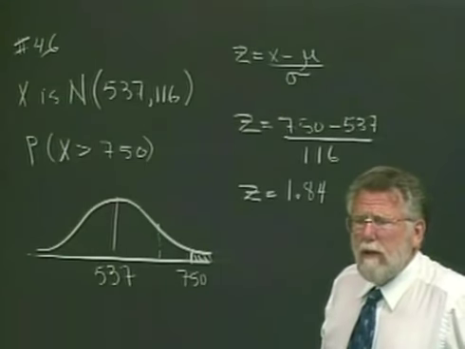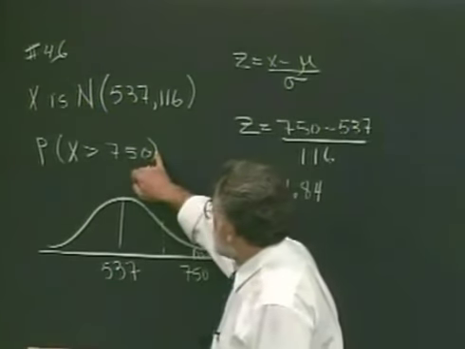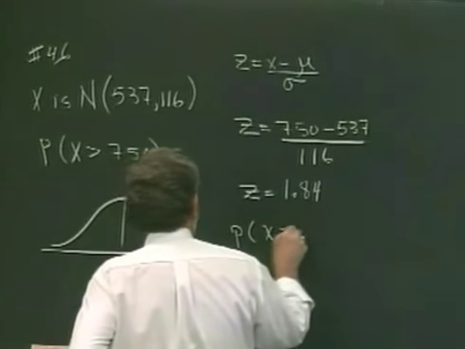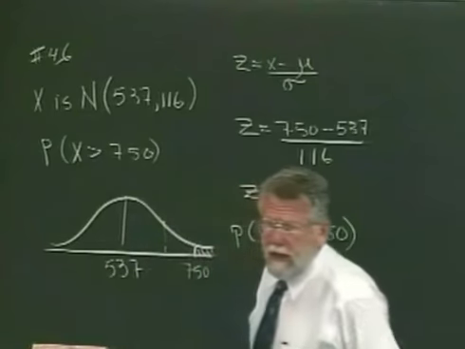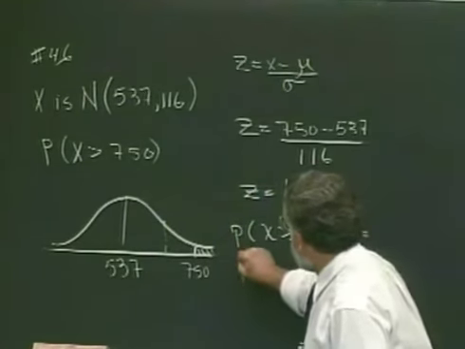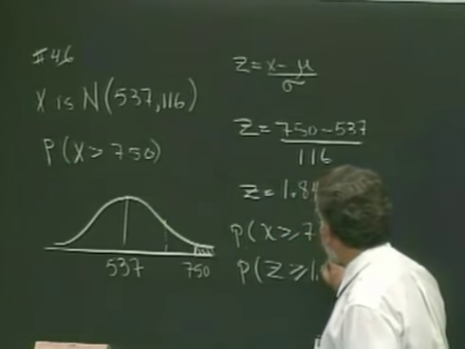But what are you going to then write? You're going to write that this is equal, that is, I can come down here and say what I'm after. And you can have equality or not, because there's no area at the equal sign. And I'm arguing that that is equal now to the probability that z is greater than or equal to 1.84.